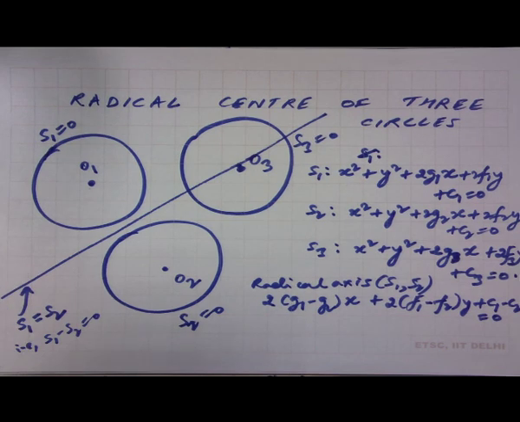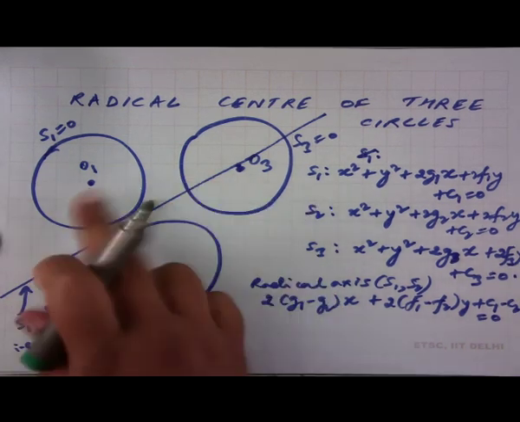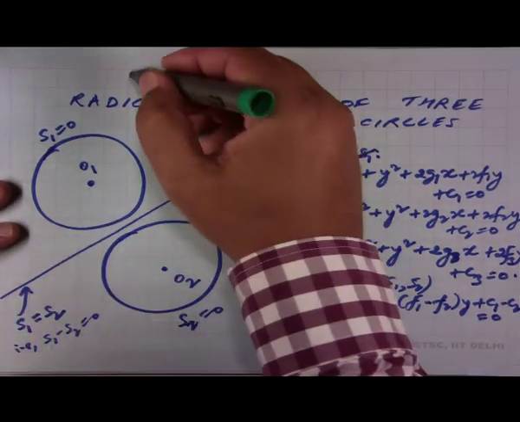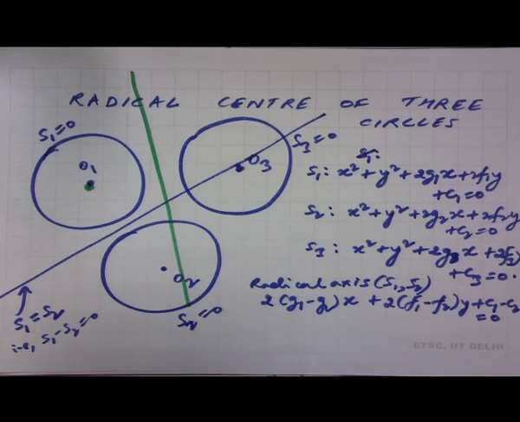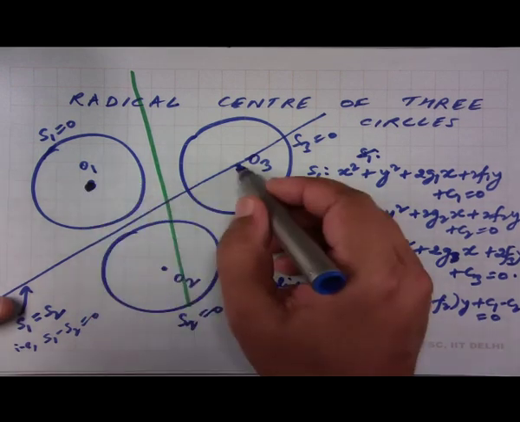And similarly, we will also have a radical axis between S1 and S3, between the first and the third circle. Let that be shown by this green line here. So, this is the radical axis between the first and the third circle, let us say.